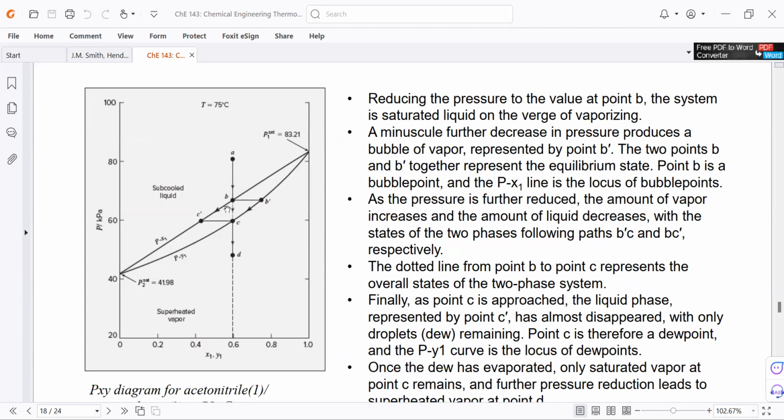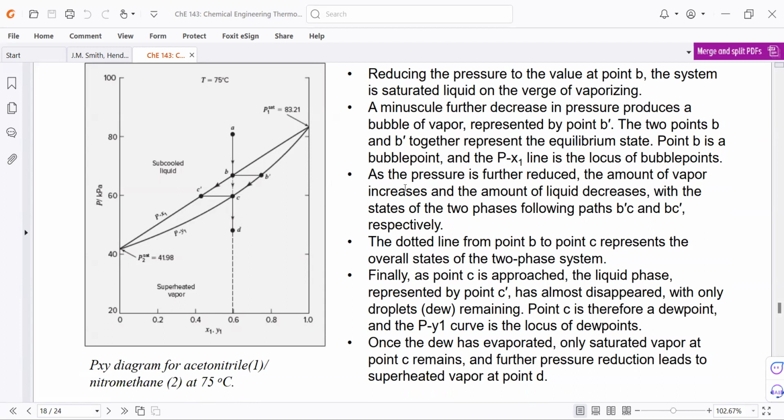Okay, so if we're here, it means the liquid phase is higher, but as we near the vapor line or the dew point curve, that means the vapor phase is higher. Right.